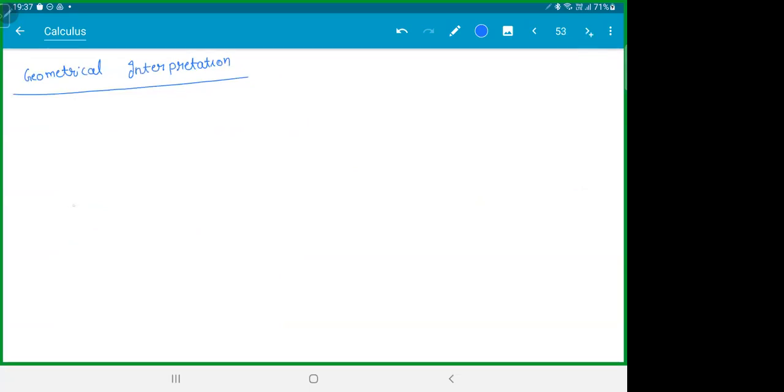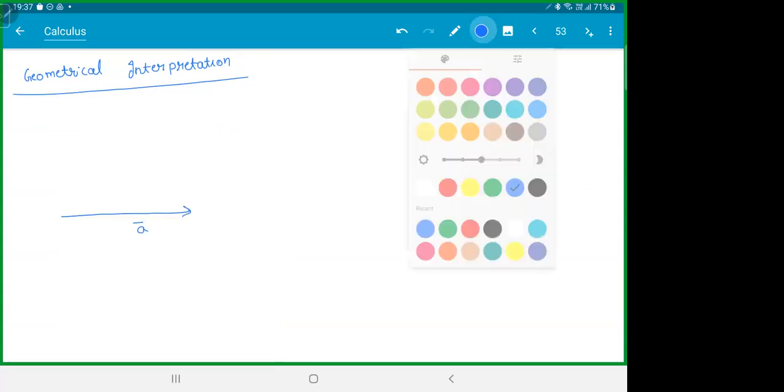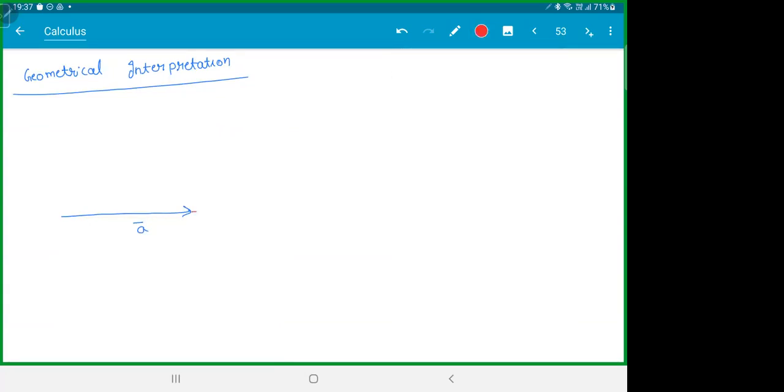Now think about it. Let's say I have a vector A bar. How can you change a vector? You can change a vector by changing its magnitude, so delta A bar parallel will be responsible for changing the magnitude.